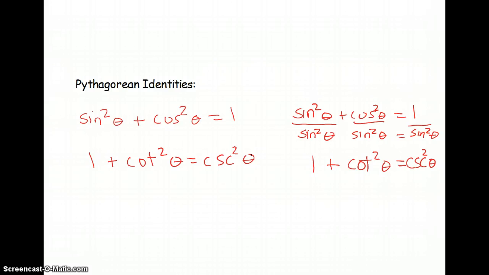What if I took this same starting one, sine squared of theta plus cosine squared of theta equals 1, and I divided everything by cosine squared of theta?